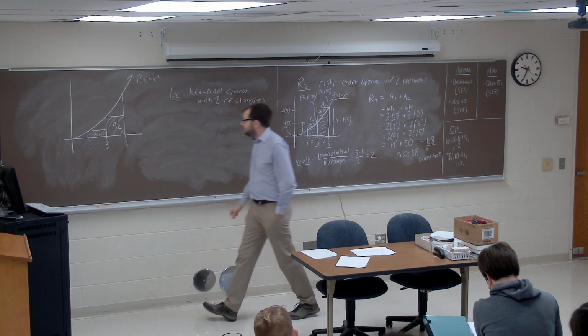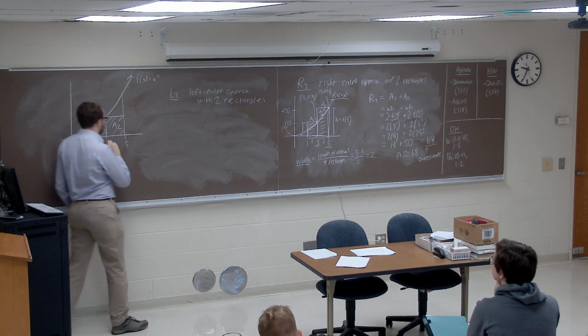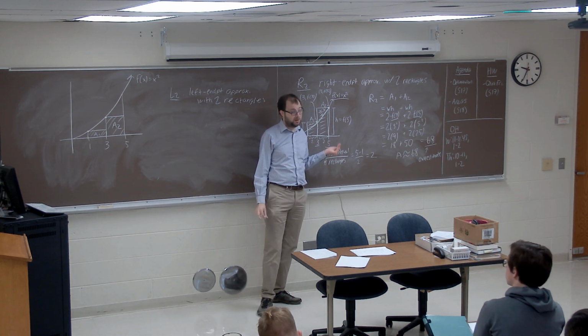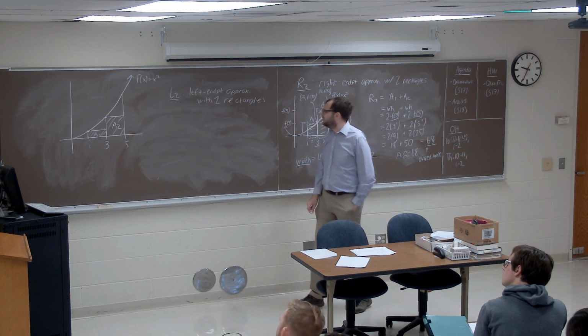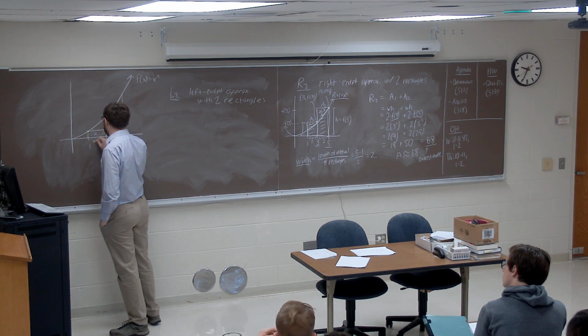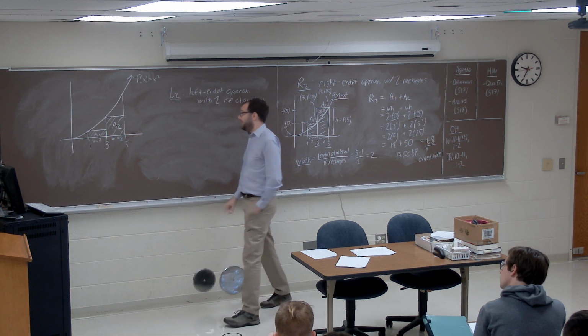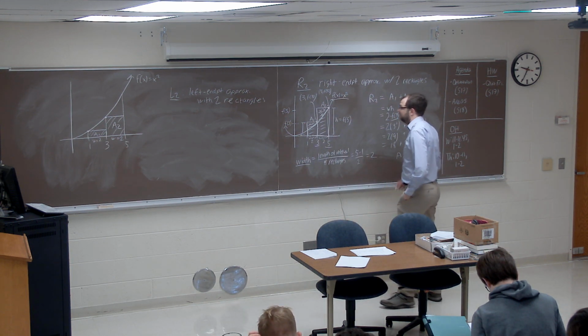So the idea here is our top left corners are on the function rather than our top right corners, which was the case in the R2 approximation. Our widths are still going to be the same: w equals 2 for both of our rectangles. So they go from 1 to 3, 3 to 5.